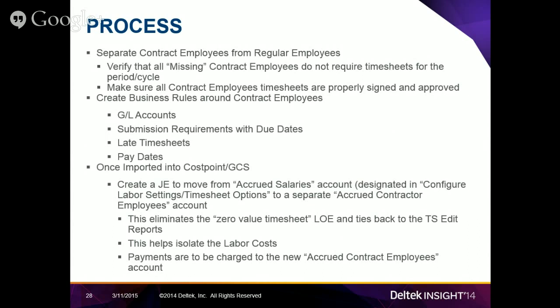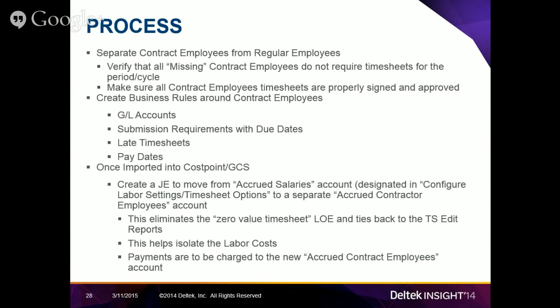And again, as I said before, I know some companies will, once they export the timesheets, either have a stored procedure or go in and manually use an offset code to move it from the one account to zero out the timesheet and to actually put the liability in the other account.